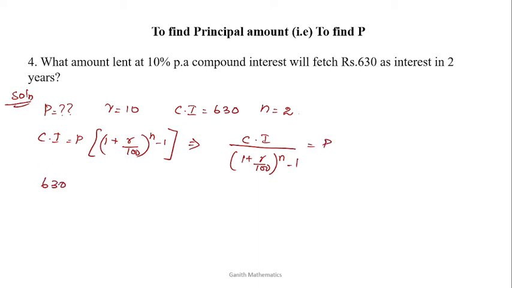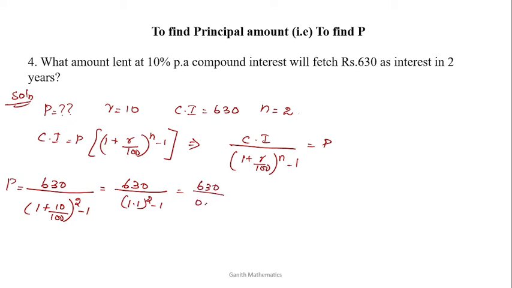So 630 divided by (1 plus 10 divided by 100) the whole power 2 minus 1, that is P. It is 630 divided by 1.1, the whole power 2 minus 1. So we know that 1.1 squared will be 1.21, so 630 divided by 0.21, the answer will be 3000.